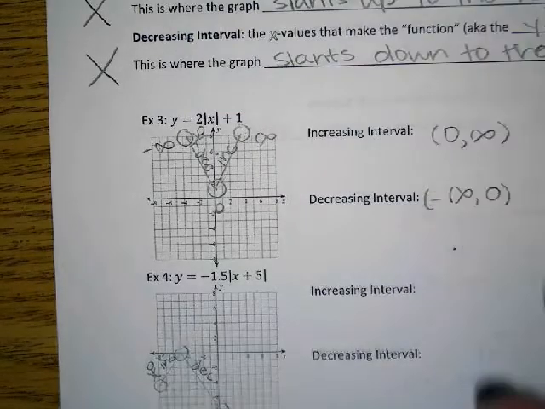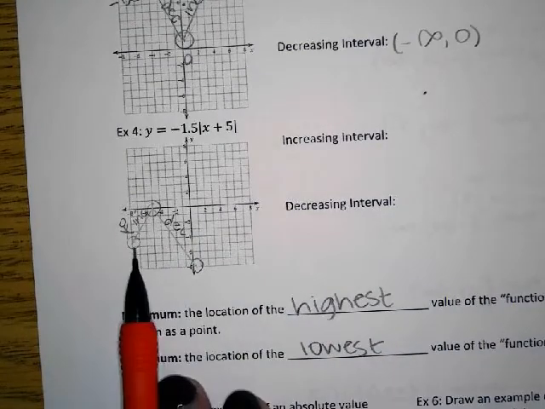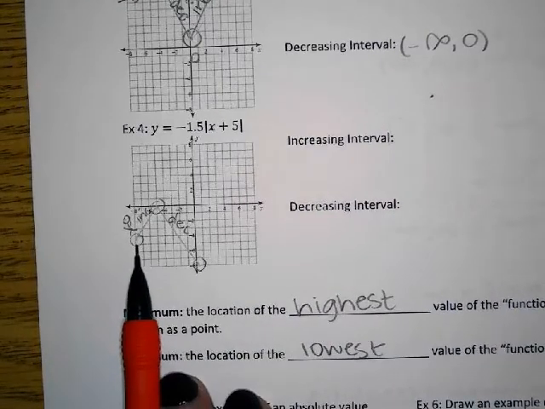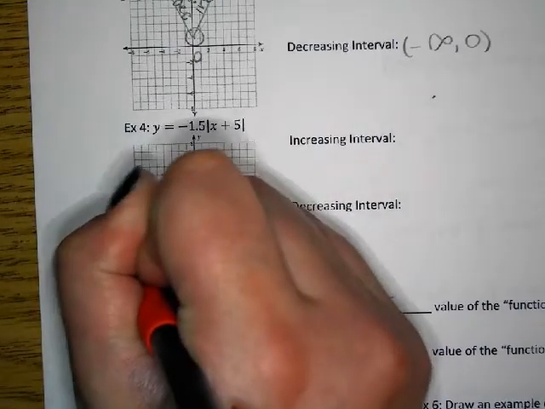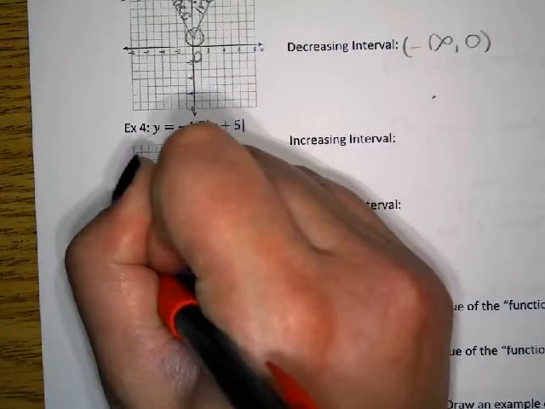So always doing x values. The first x value we're going to look at is a left arrow. What number do we have for a left arrow? Negative infinity.